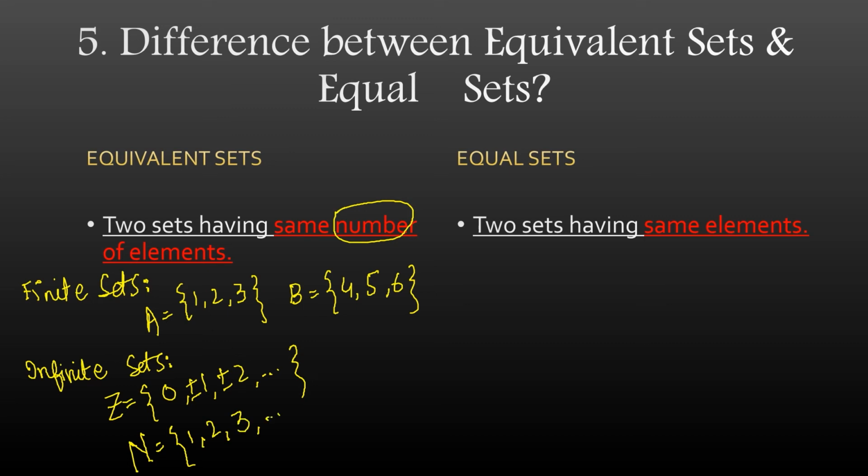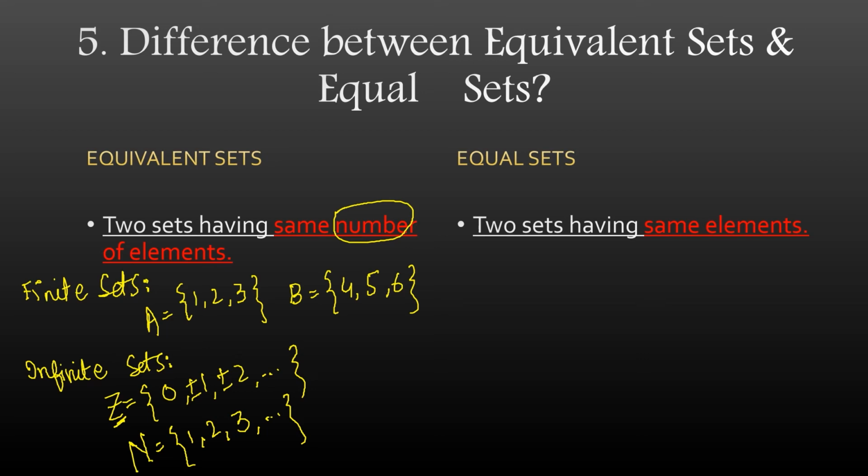We can say that this set of integers is equivalent to this set of natural numbers if we can establish a 1-1 correspondence between the elements of Z and the elements of N. I hope you will get my point.